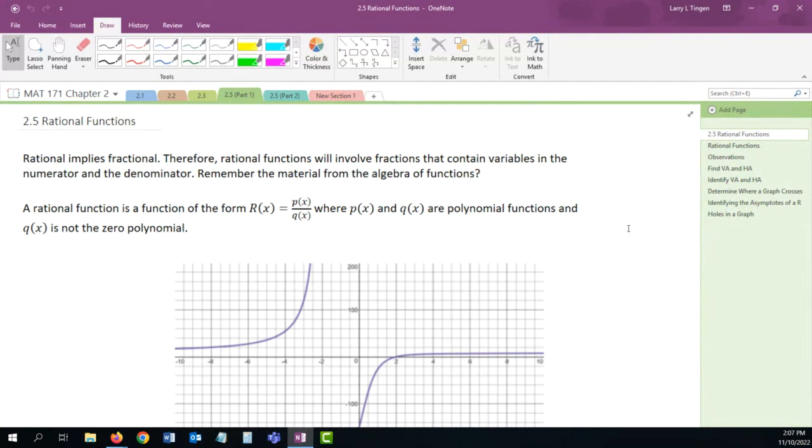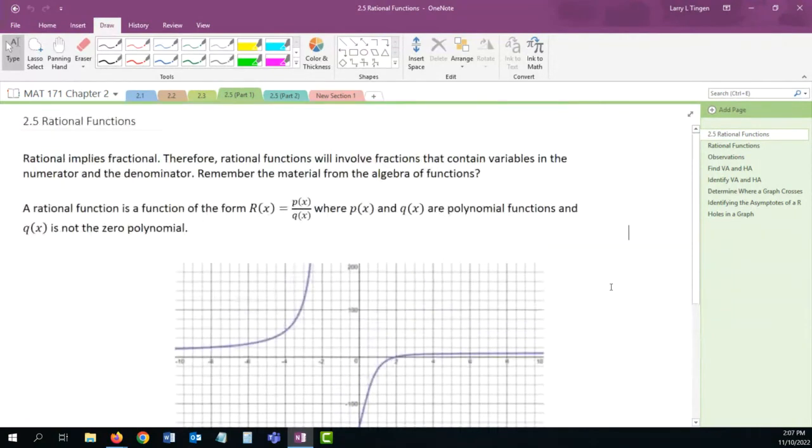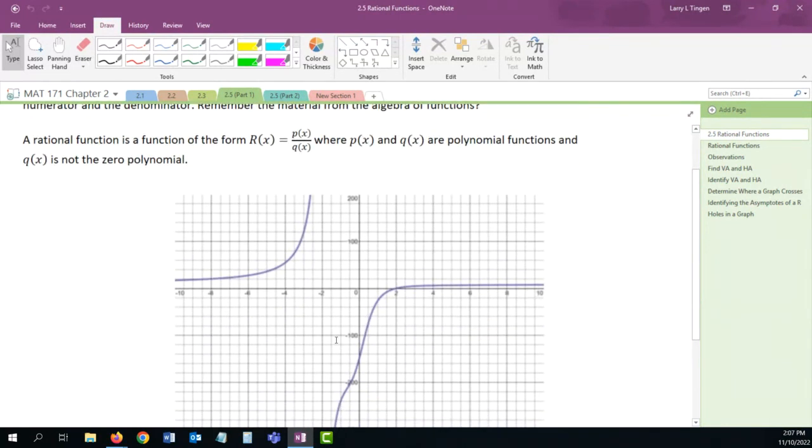Okay. We've seen this already. We dealt with this in the algebra of functions chapter, where we were doing add, subtract, multiply, divide, and we had a special process we had to follow to find the correct domain. We had to make sure that the denominator was not 0. Rational functions do have some unexpected turns and twists. These even have holes in them.